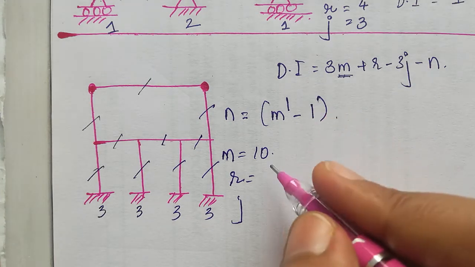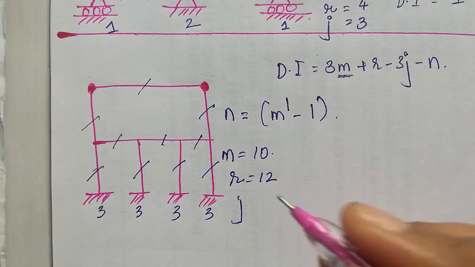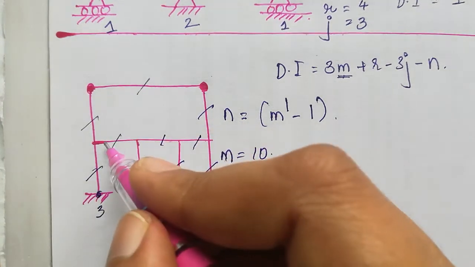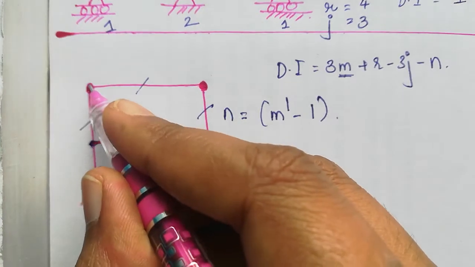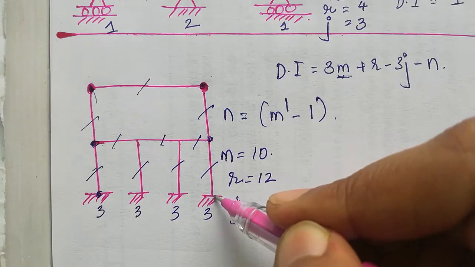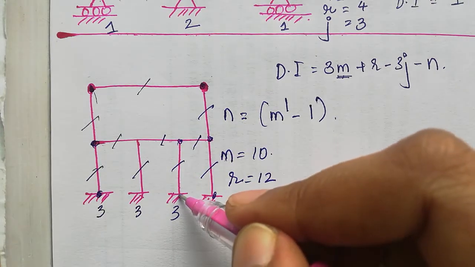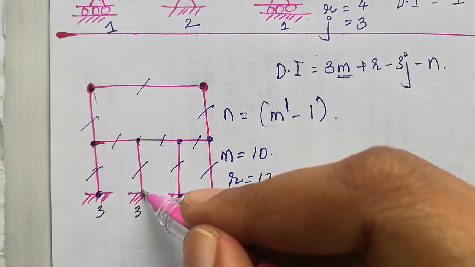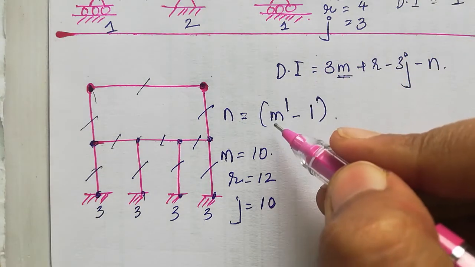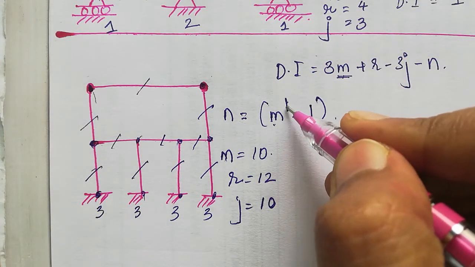So you have a total of 12 reactions. Joints: 1, 2, 3, 4, 5, 6, 7, 8, 9 and 10, so 10 joints. Now what is this m dash?